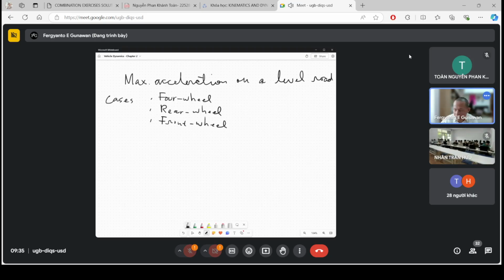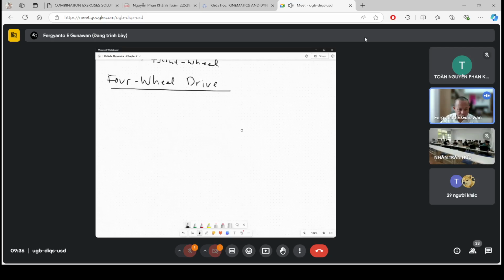We start number one with the four-wheel drive. The first thing we discuss is the four-wheel drive.